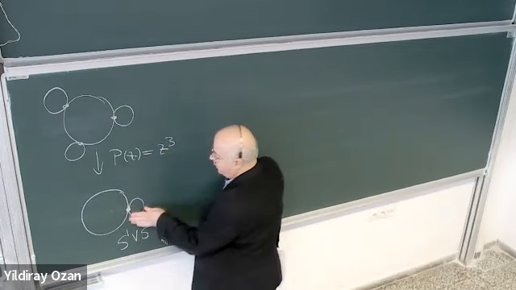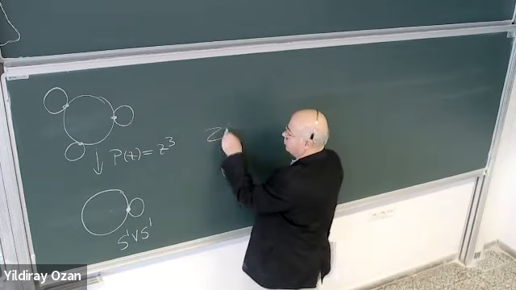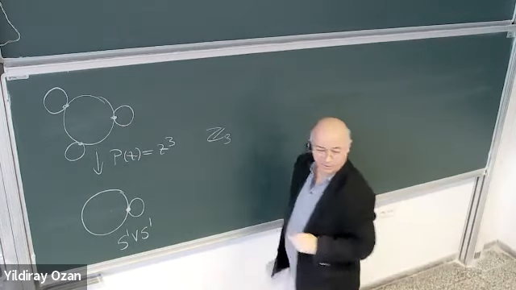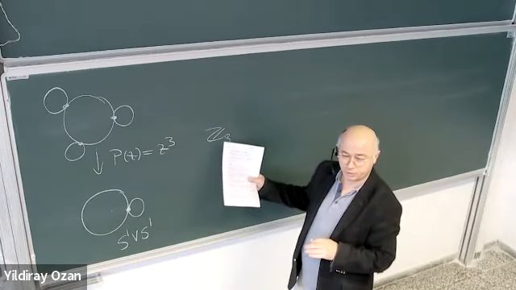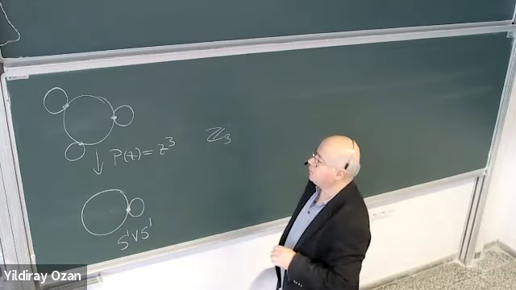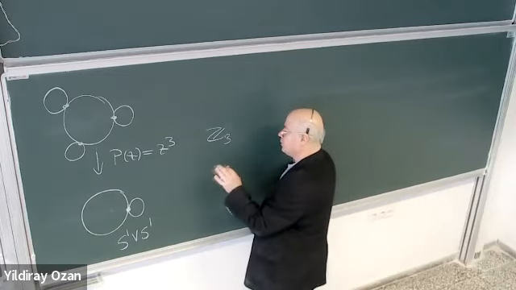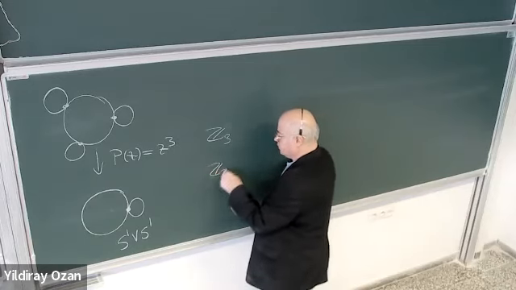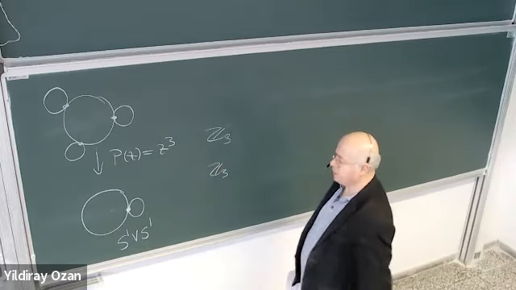The one without these small circles will correspond to the cyclic group Z3. Okay, the deck transformation group will be Z3. But for this one, yeah, okay, it's also Z3. Yeah, the map is the same. So it will be again Z3.